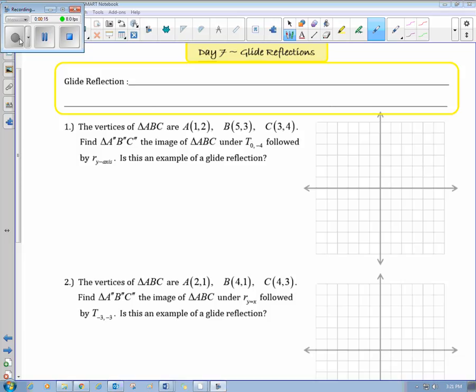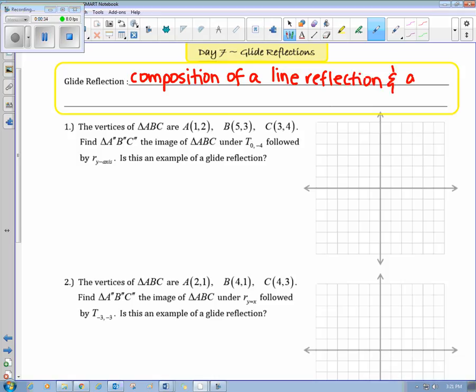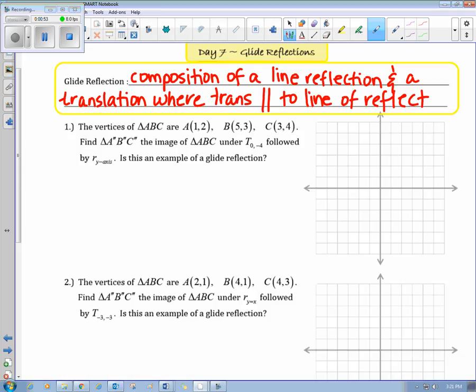So a glide reflection is a composition of a line reflection and a translation where the translation is parallel to the line of reflection. And you'll see what I mean once we do one of these.